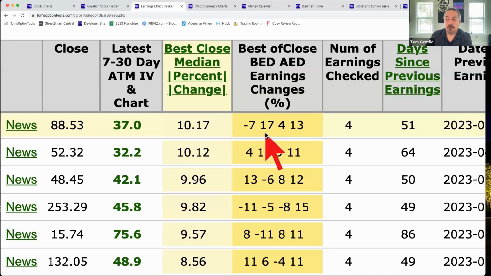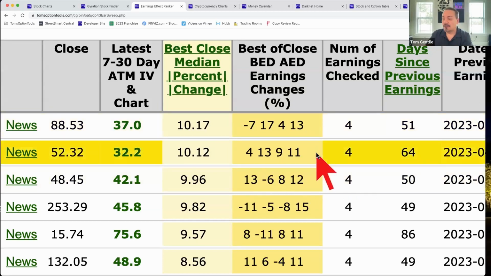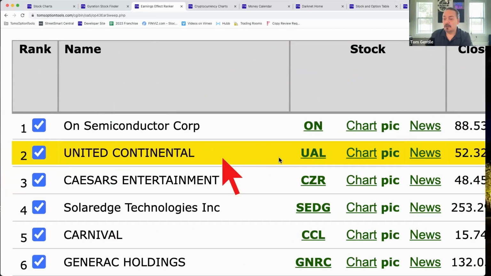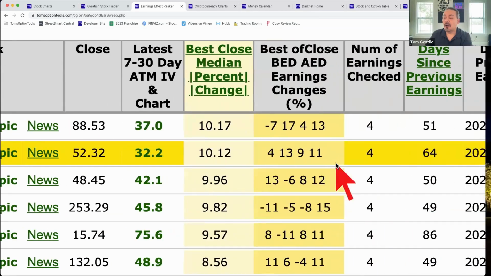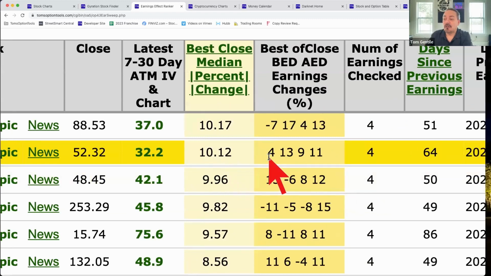But the other 3 quarters were up 17, up 4, up 13, before the earnings were even announced. What I like to look for are all positives, as you can see here with number 2, this is all positive. United Continental, UAL, has gone up an average of 10% in the 7 to 10 days prior to earnings.